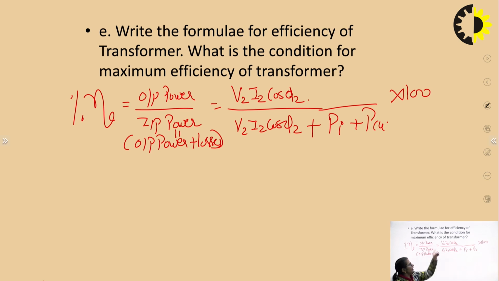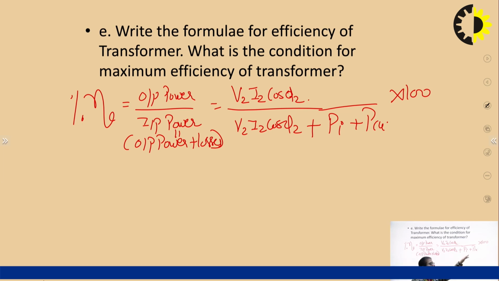If you just see here, what is V2? It is the rated terminal voltage. What is I2? The rated secondary current. And cos φ2 is the power factor of the load. Pi is the iron loss, which is constant for a transformer.